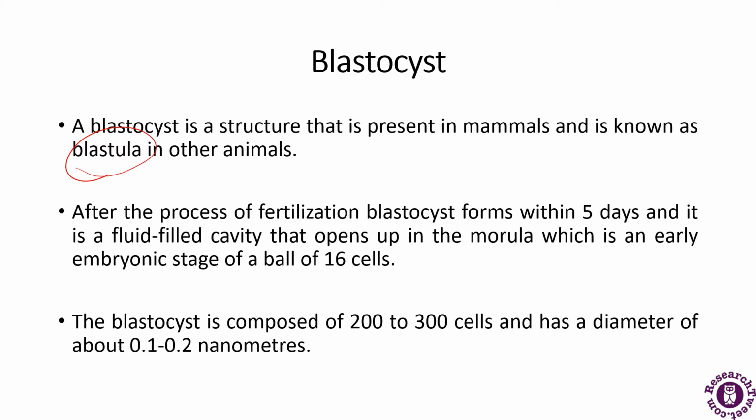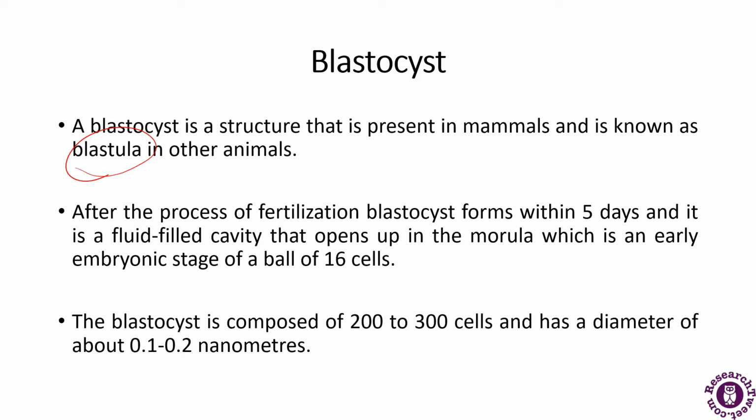After the process of fertilization, the blastocyst forms within 5 days, and its fluid-filled cavity opens up in the morula, which is an early embryonic stage of a 16-cell ball. In the next slide, there is a diagram showing how the process goes from fertilization to the blastocyst.